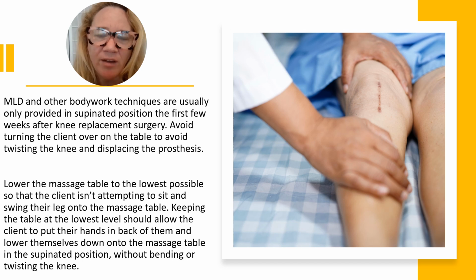So I usually have that table super low. I'll try and get a chair that I can sit at with wheels on it. My last knee rehab surgery client was a guy who was on the Harvard basketball team as captain forward at one point in his life.